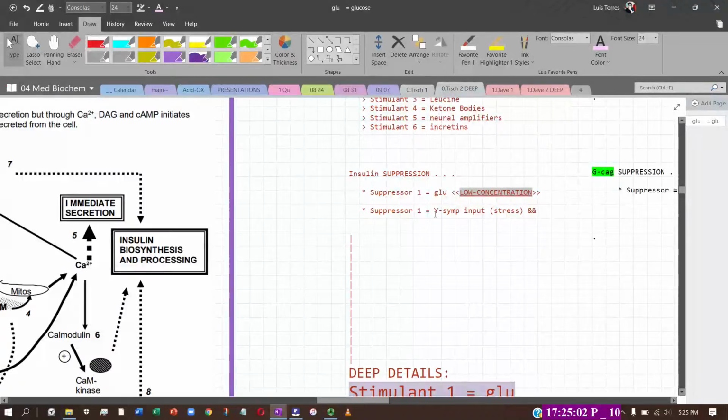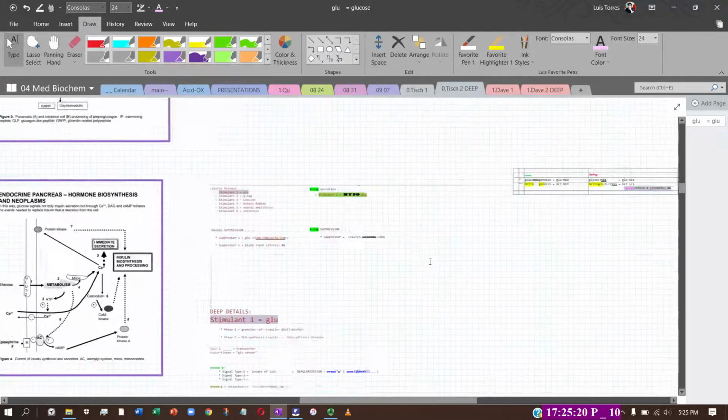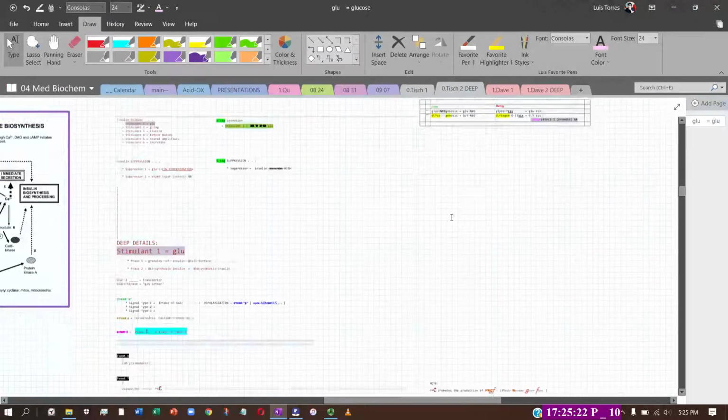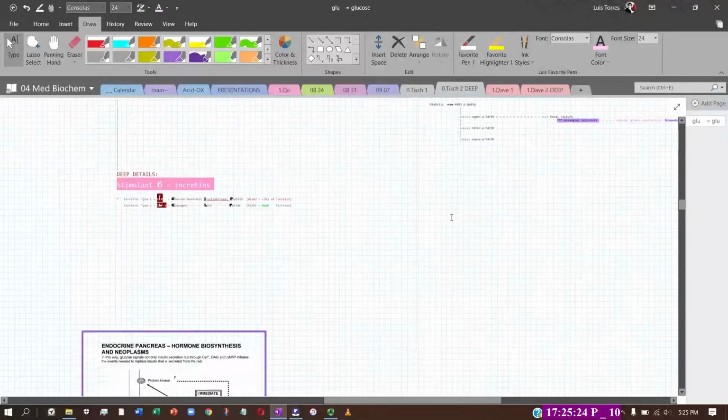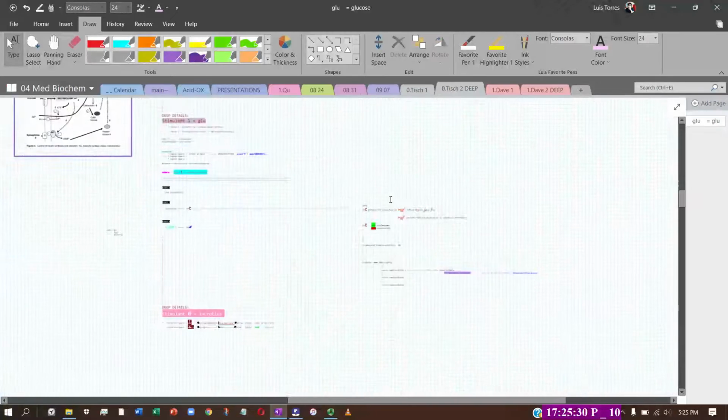The second suppressor is parasympathetic input, or stress. We will cover details about the nervous system down there, so we'll get around to that. Moving on.